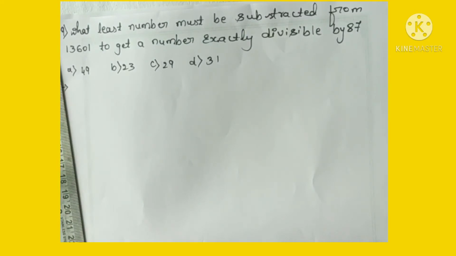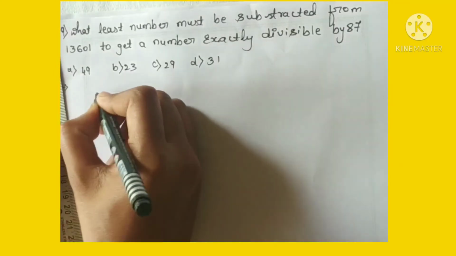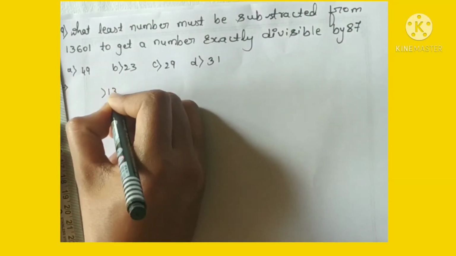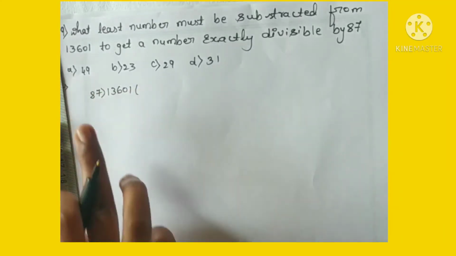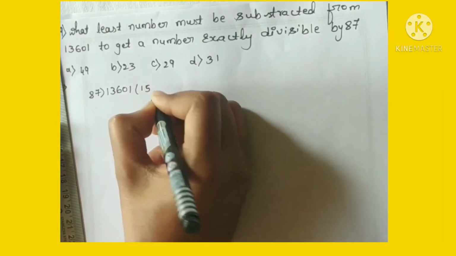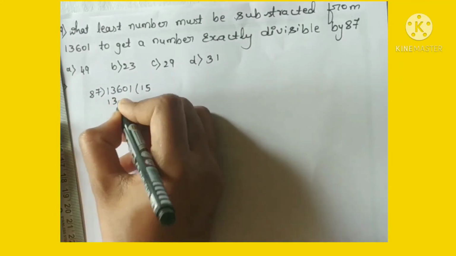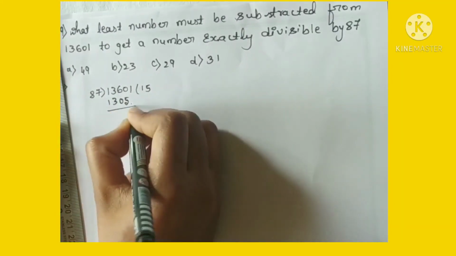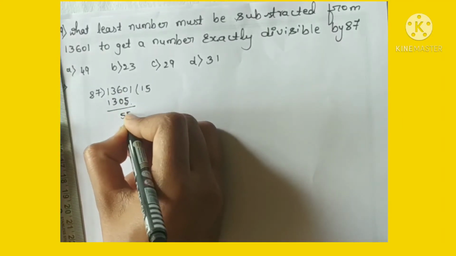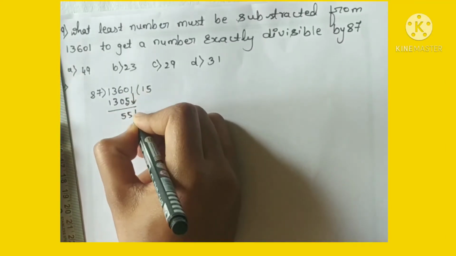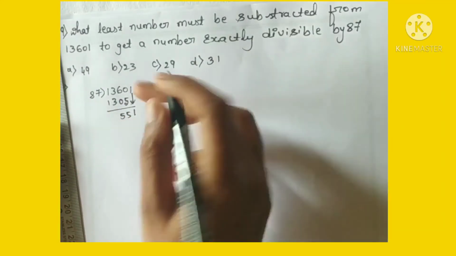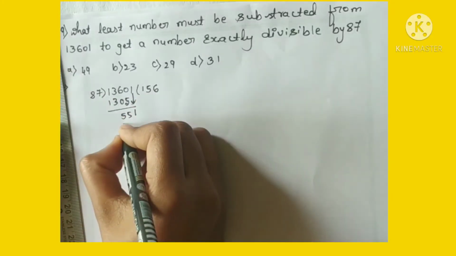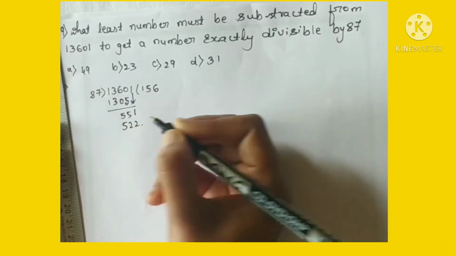For this I just divide 13601 by 87. 87 into 136, 1 time is 87, remaining 49. Then 87 into 15 times is 1305. Here the remaining is 55 and I just carry this one here. Then 87 into 6 is 522.